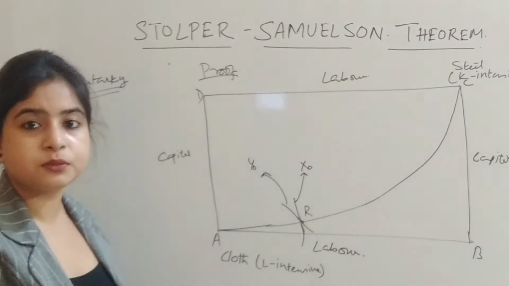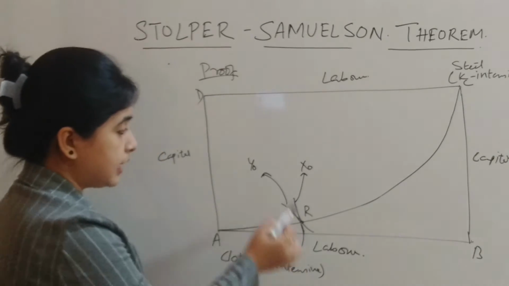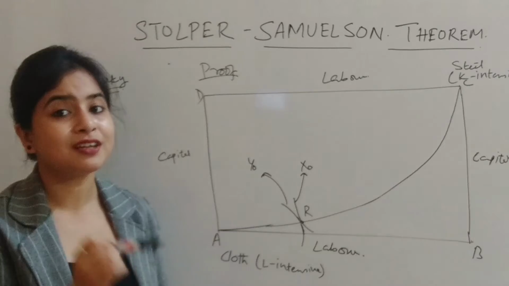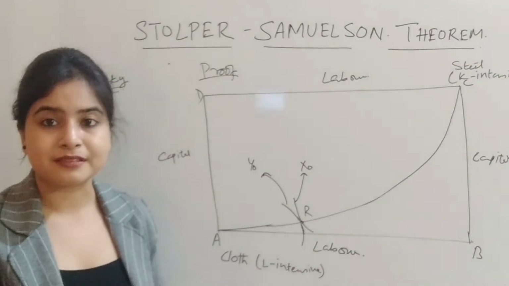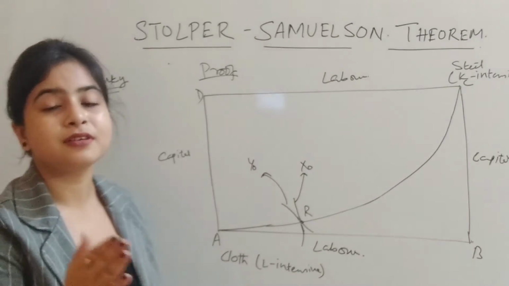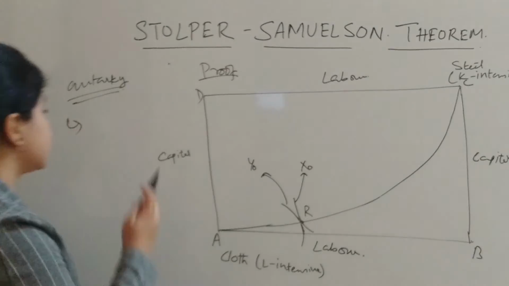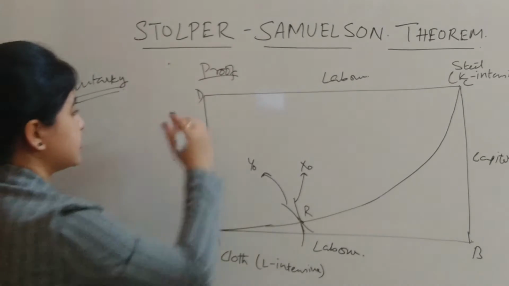Okay, I hope it is visible. Alright, so at this point r, the initial production is taking place. Now what is the capital labor ratio at r for the cloth? So I am erasing this. This is capital, okay?